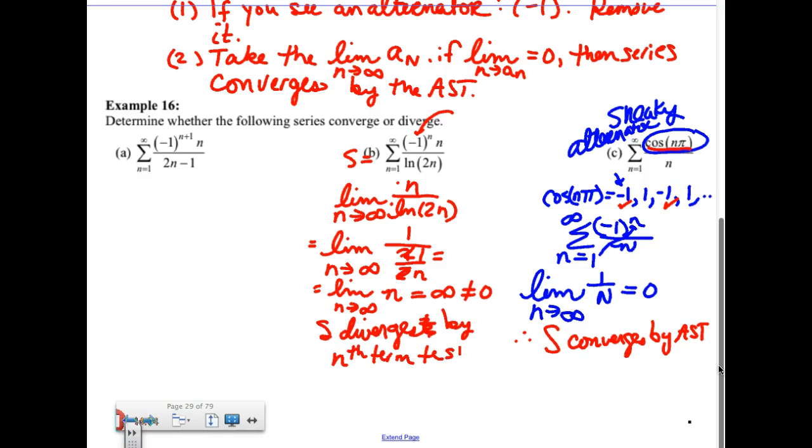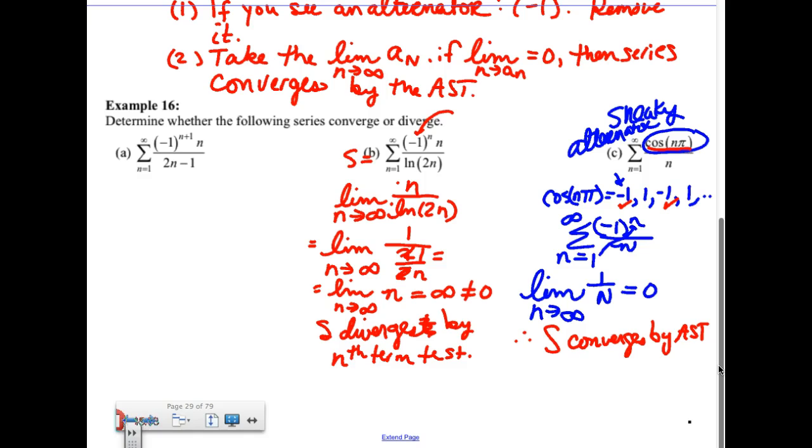So these are very similar tests. The nth term test and the alternating series test both start with taking a limit. The nth term test says that if your limit does not equal 0, the series diverges. If the limit equals 0, the nth term test is inconclusive.